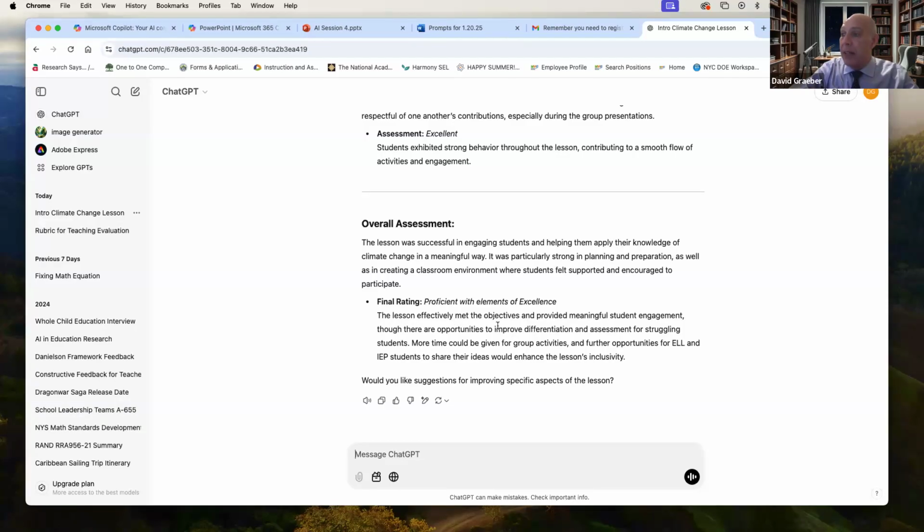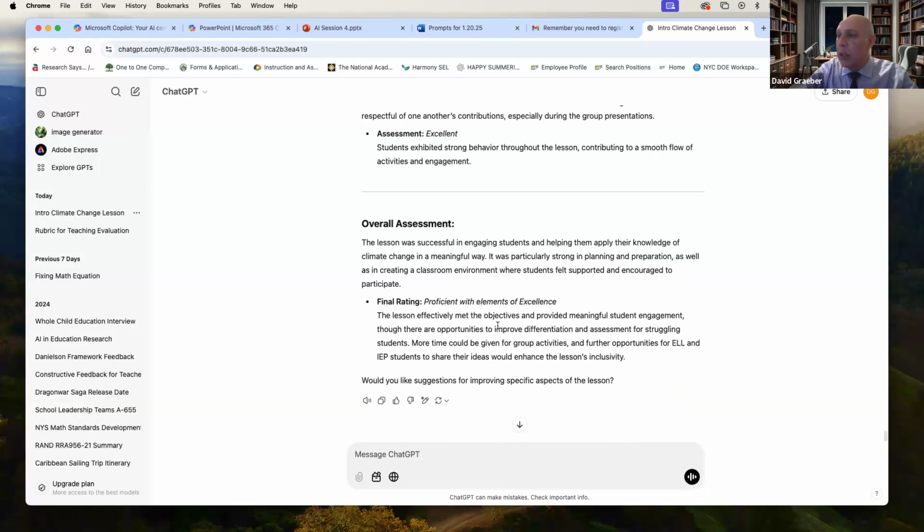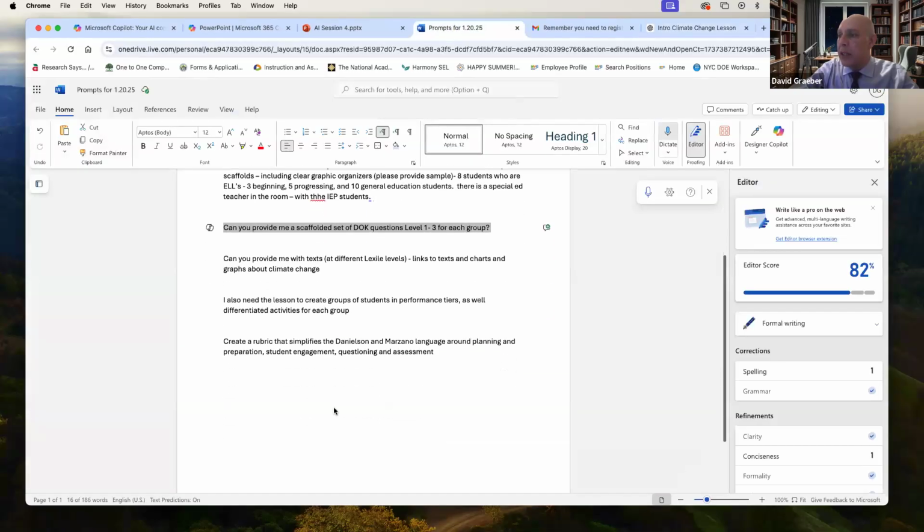The lesson effectively met the objectives, right? But the one thing this didn't do, look what it didn't do. It didn't really give feedback, did it, right? So what can I ask it to do?